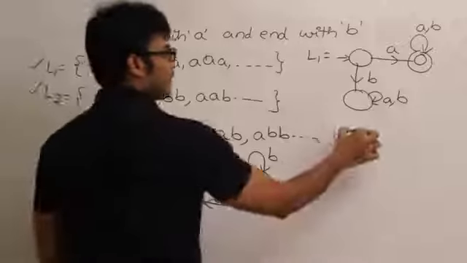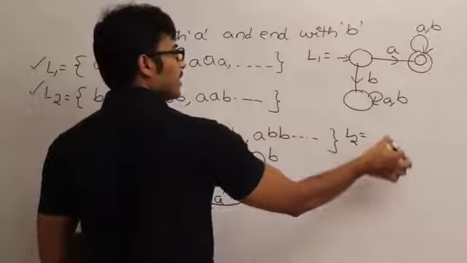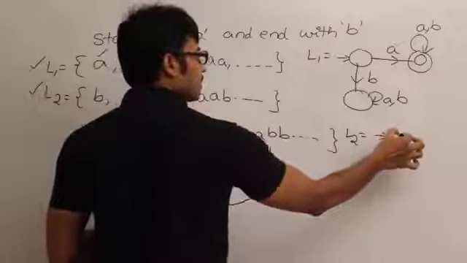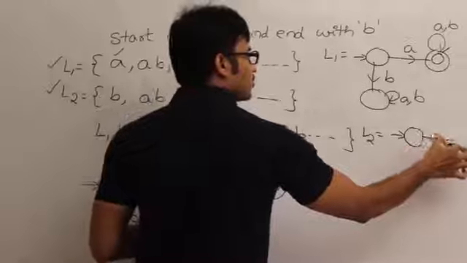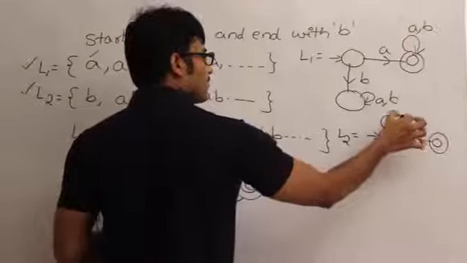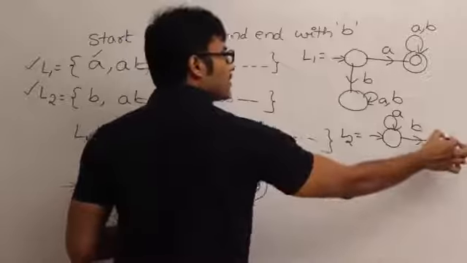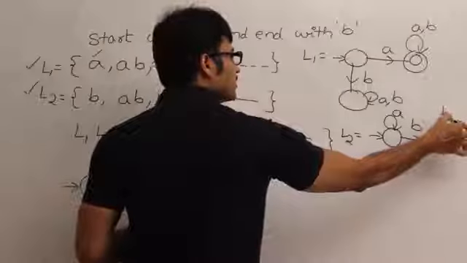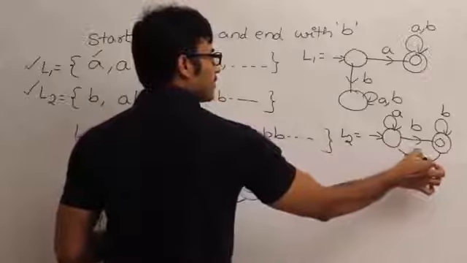And L2, ending with B. If it is going to end with B, I am going to accept it and wait for B, and once I see B, any number of B's and A's, right?